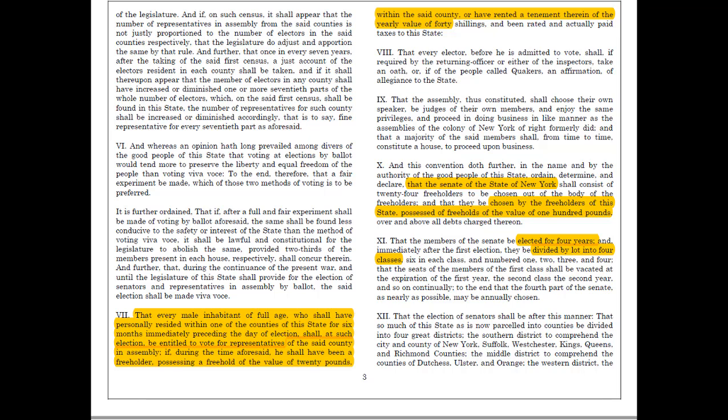The elections for Parliament in Great Britain, or the colonial elections for the colonial assemblies, were not based on a head count and a distribution of voting districts so that each district has roughly the same number of people in it, and therefore each voter has roughly the same influence on the outcome of election. Consider the following hypothetical.